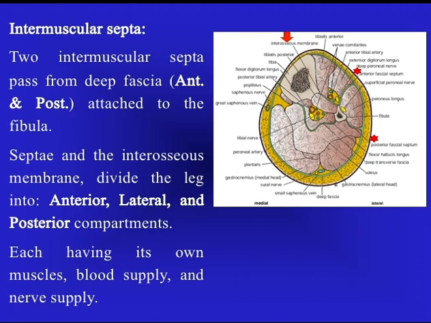Two muscular septa pass from the deep fascia, the anterior and posterior intermuscular septum, attached to the fibula. The septa and the interosseous membrane divide the leg into anterior, lateral, and posterior compartments, each having its own muscle, blood supply, and nerve supply.